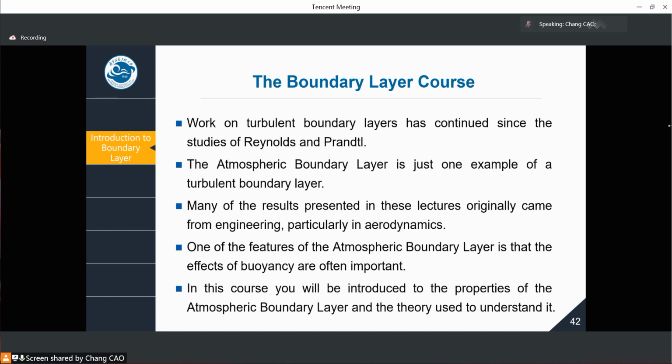One of the features of the atmospheric boundary layer is that the effects of buoyancy are often important. Can you still remember what buoyancy means? It is related to the surface heat flux.